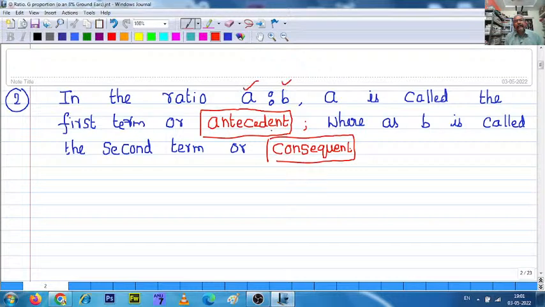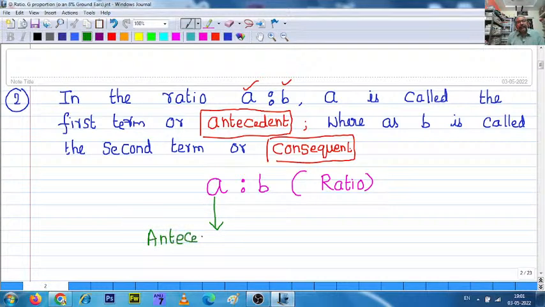A is called an antecedent, B is called consequent. Let me write it separately. For example, here A is to B is a ratio between two quantities of the same kind, in which A is termed as antecedent. I hope it's very clear to you.